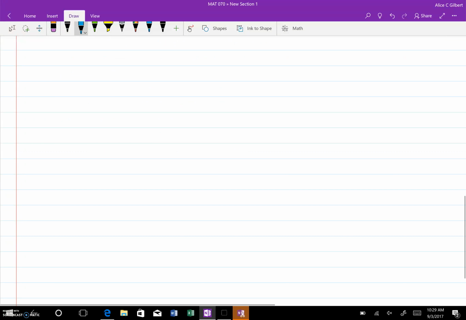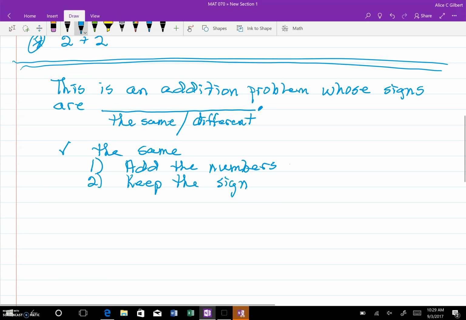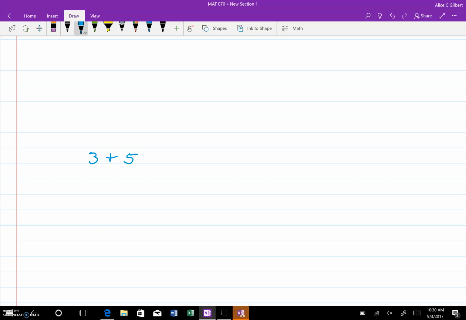So let's look at that. Okay, so if I have 3 plus 5, I look at this and I say, this is an addition problem whose signs are the same because this 3 is positive even though we don't write it out here, and this 5 is also positive. So our signs are the same.